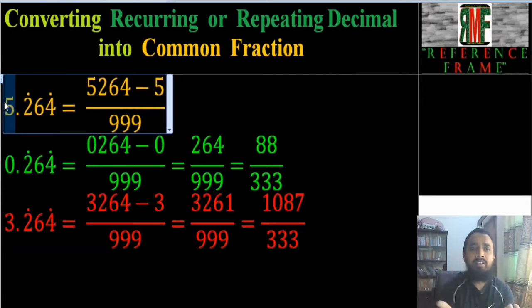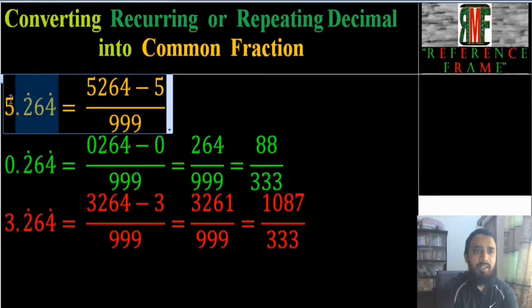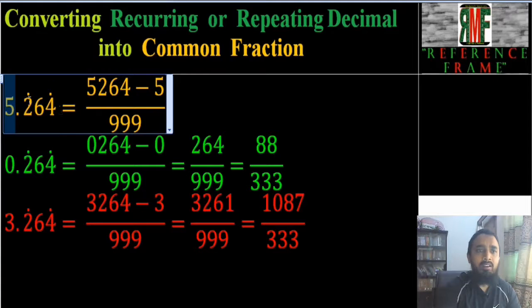There could be more digits, that could be 15 instead of 5. The total number, as you can see on the right side, minus the digits before the decimal, divided by 999, with 3 digits after the decimal. There it is.